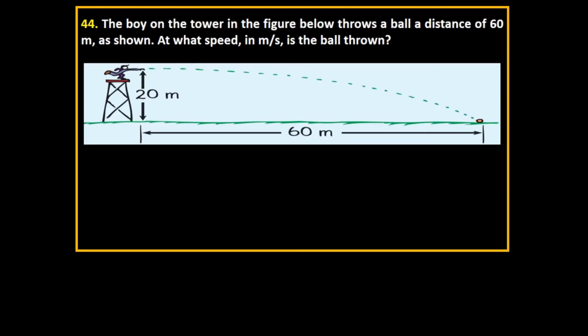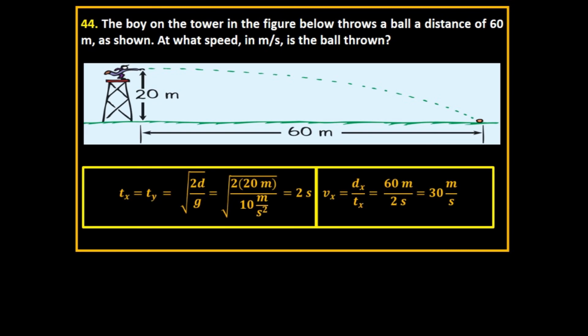Next, the boy on the tower in the figure below throws a ball a distance of 60 meters as shown. At what speed in meters per second is the ball thrown? Well, first of all, how high is the tower? It's 20 meters. How long would it take the ball to fall? And then what about the 60 meters? It would be 60 meters divided by the time.